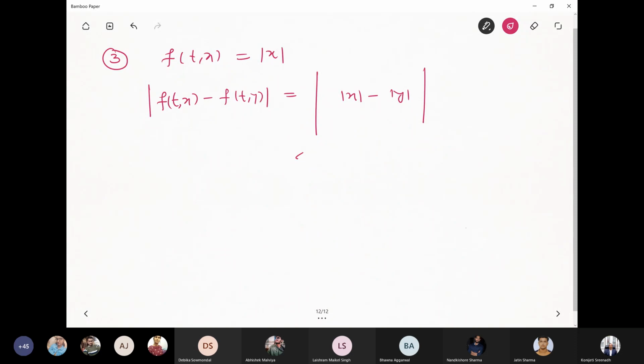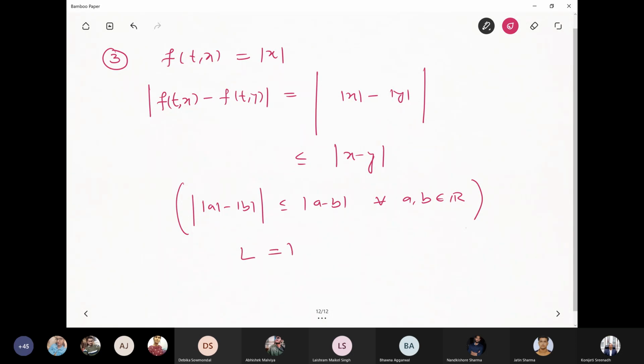And we know that this is less than or equal to mod x minus y. You have a formula which says that mod a minus mod b is less than or equal to mod a minus b for all a, b real numbers. So even in this case you have L equals 1.